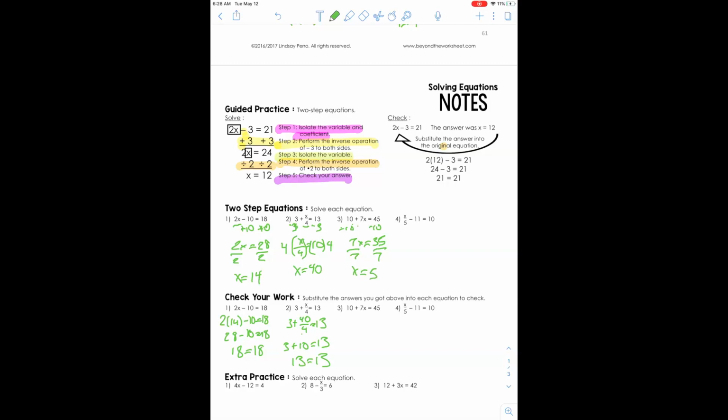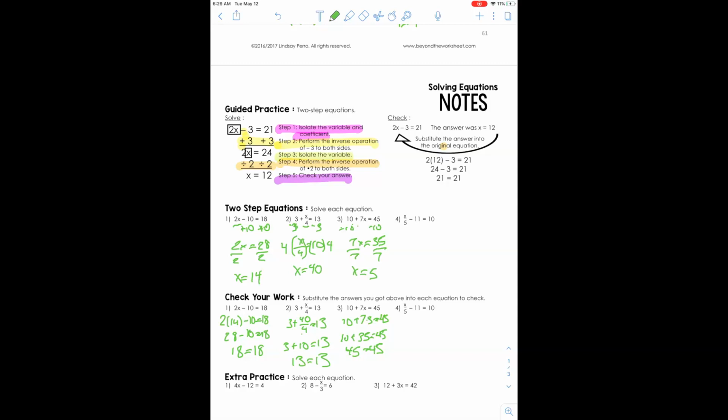So we take and we substitute 5 in. 10 plus 7 times 5 equals 45. 7 times 5 is 35, plus 10. So 45 equals 45.